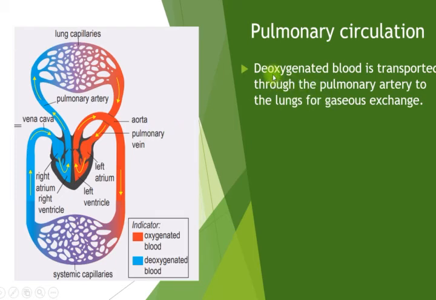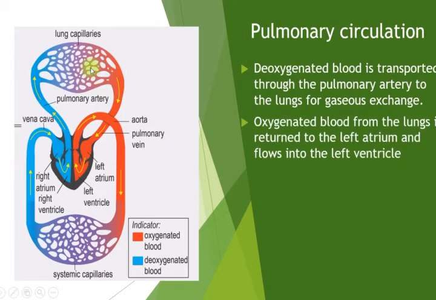First, the deoxygenated blood is transported through the pulmonary artery to the lungs for gases exchange. What process occurs here? The gases exchange occurs here.